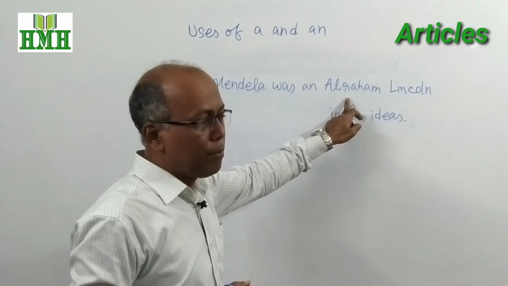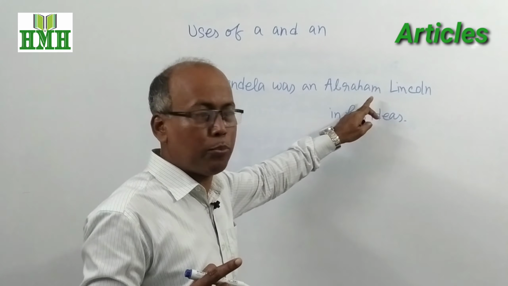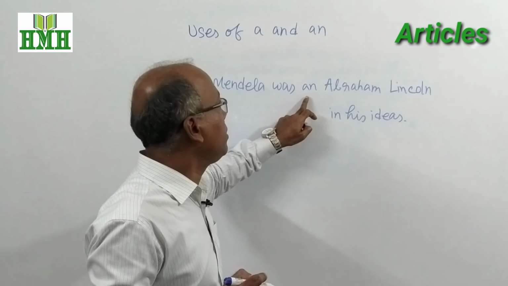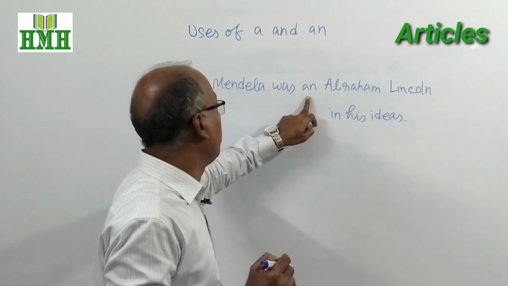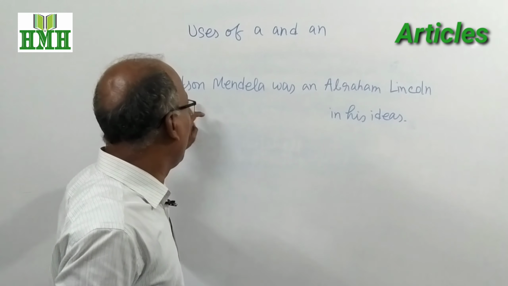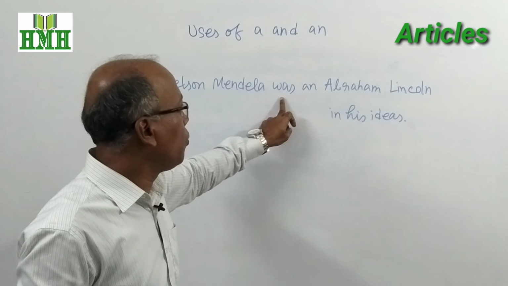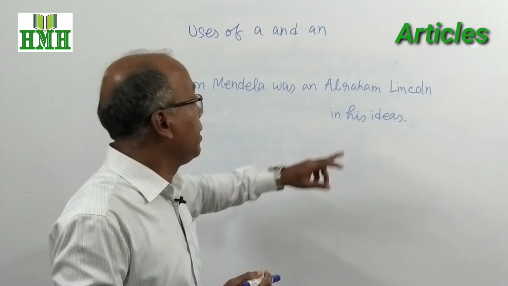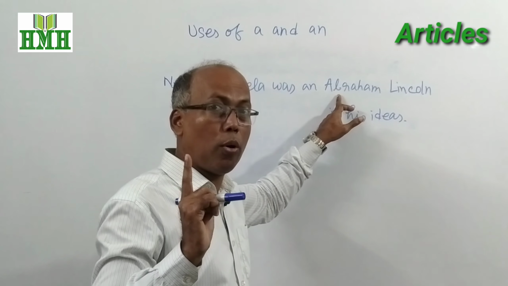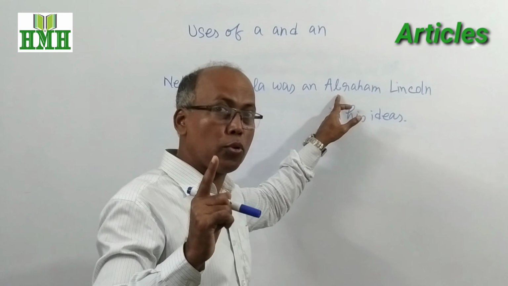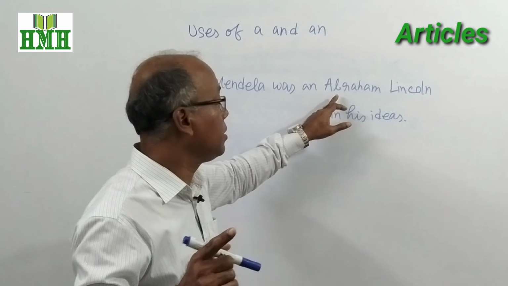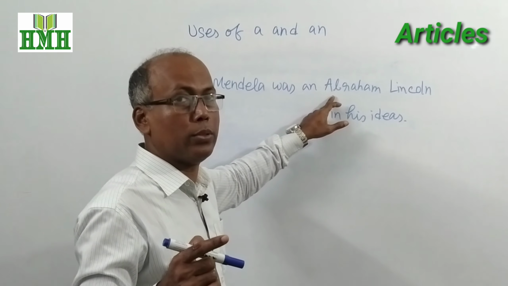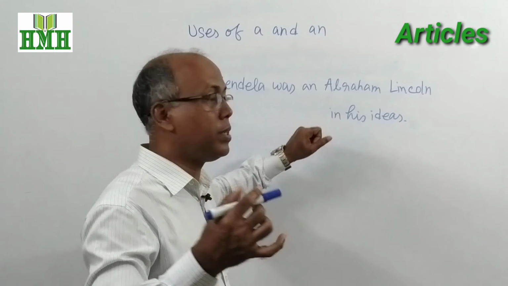Here, Abraham Lincoln is a proper noun, but we use a. Here, Abraham Lincoln is used as a common noun. Although it is a proper noun, it is used as a common noun to mean comparison.